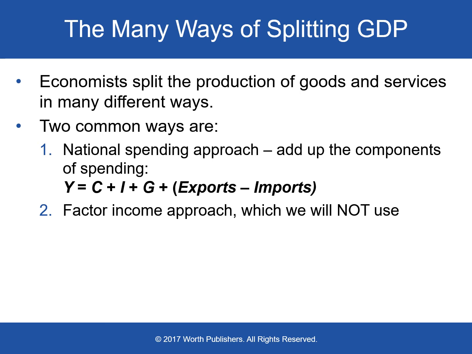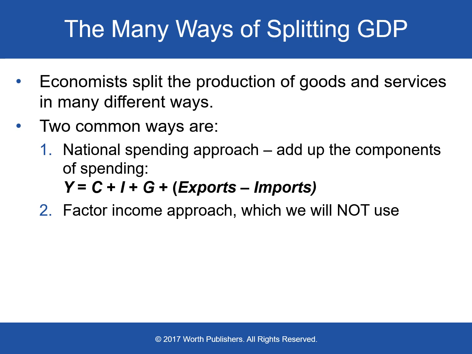The factor income approach basically looks at income that the factors of production earn, and we figure that income reflects what the production was. Now, we're not going to use that. We're just going to use one. Number one, the national spending approach is more intuitive. And also the national spending approach makes it more clear that GDP is in effect measuring production.